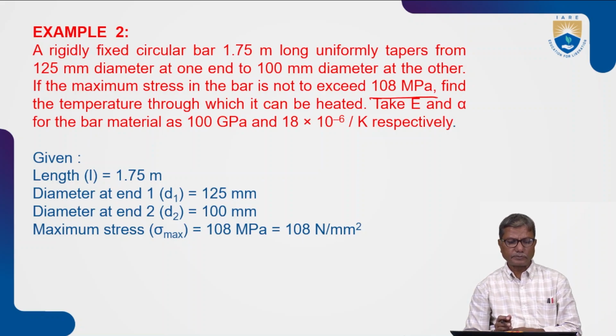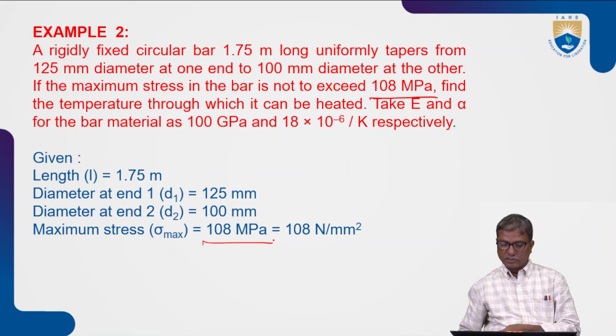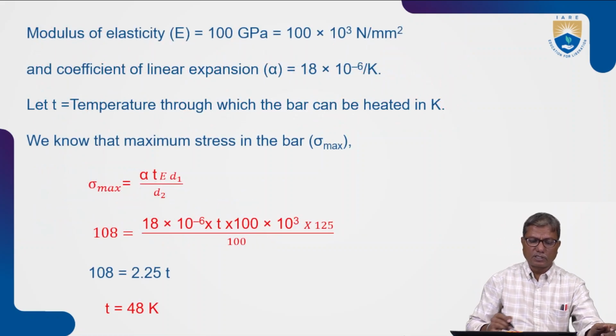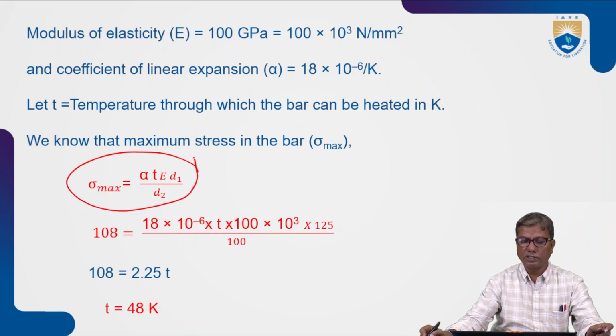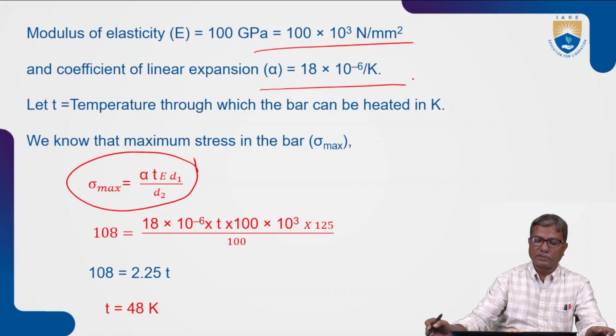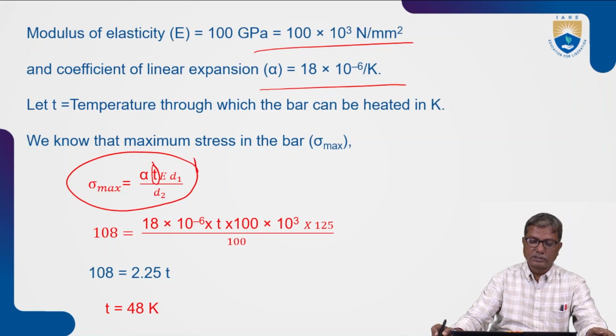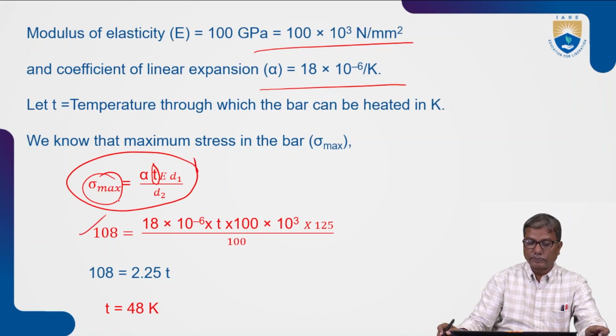So sigma maximum is given. The same expression we'll use, alpha T E D1 by D2, because D1, D2, Young's modulus and alpha are given. What you need to find is T. Sigma maximum is known, 108. We have to be careful about units.